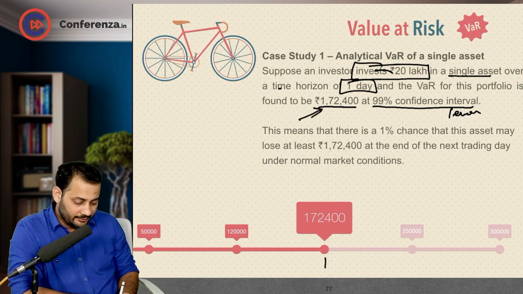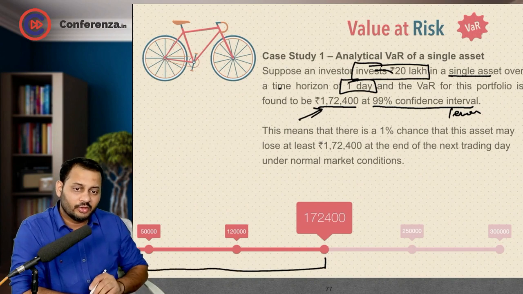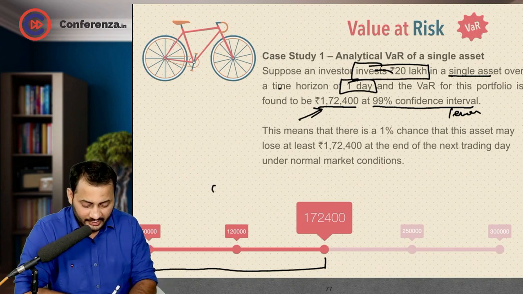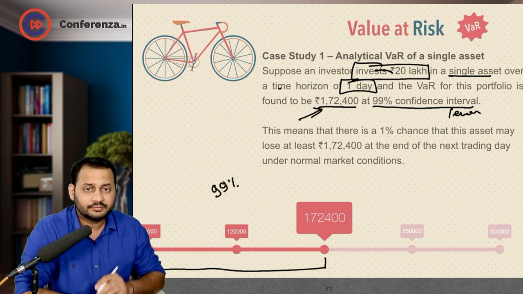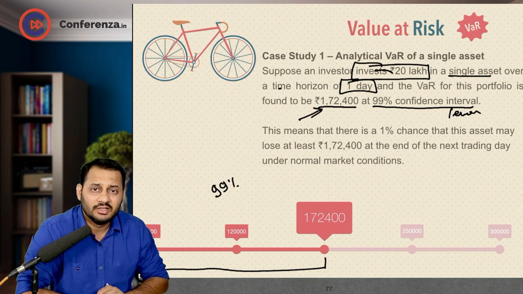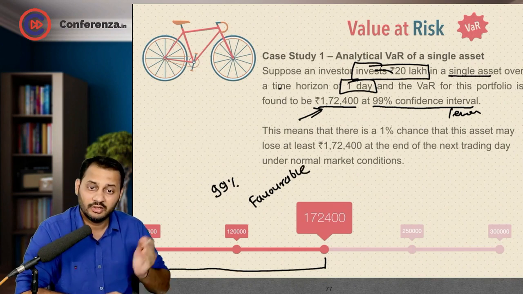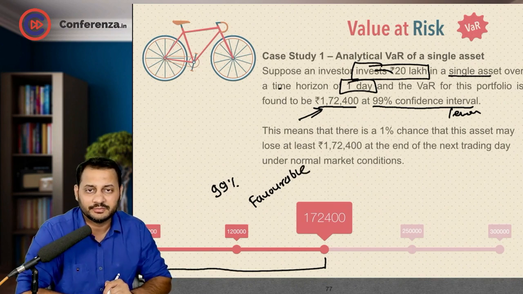My loss will be in a range or below 172,400. I am 99% confident. So the 99% confidence level shows the favorable side for the investor. Favorable side is lesser loss.